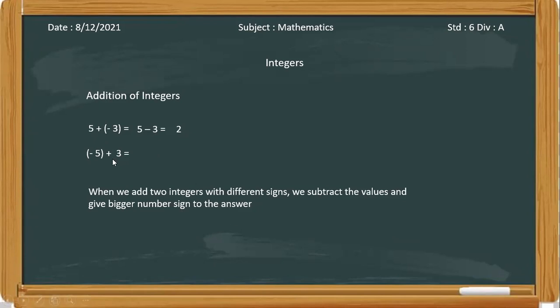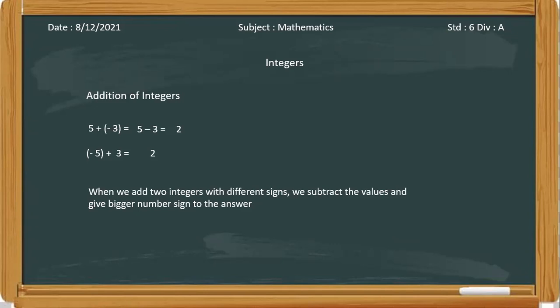Okay, the next one is -5 plus 3. It means we have to add -5 and +3. Same rule, what are we going to do? We are going to subtract these integers. 5 minus 3 will get 2 only, right? After subtracting 3 from 5, we will get 2 only.